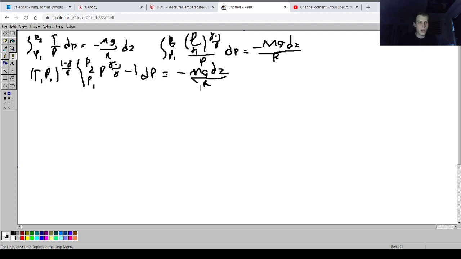Now, we're going to get all of the coefficients on the same side. So we are just going to basically move this over here, and we are going to move this over here. So that's going to look like we are going to have our negative mg dz over r.